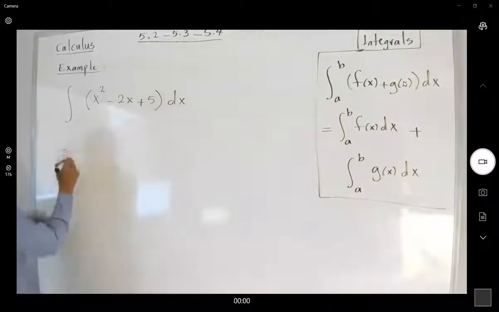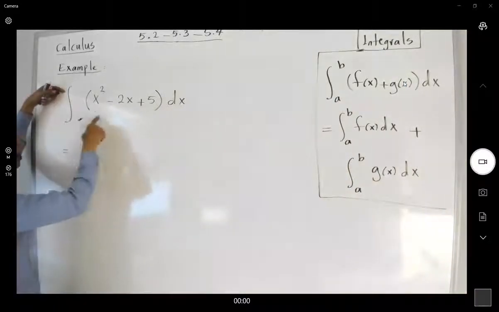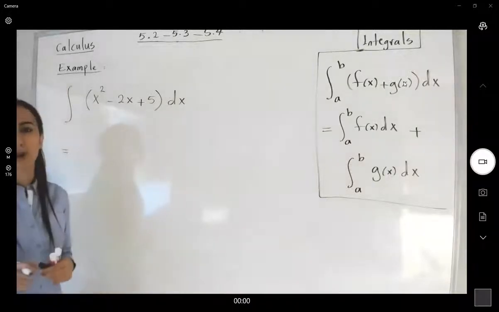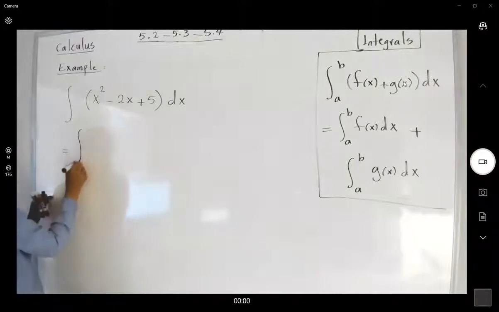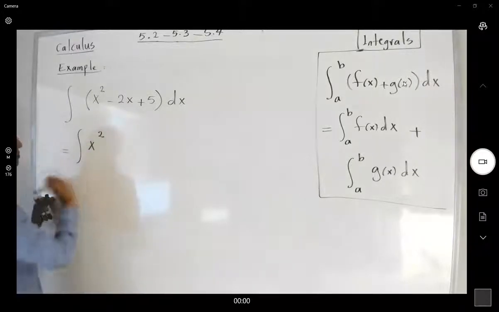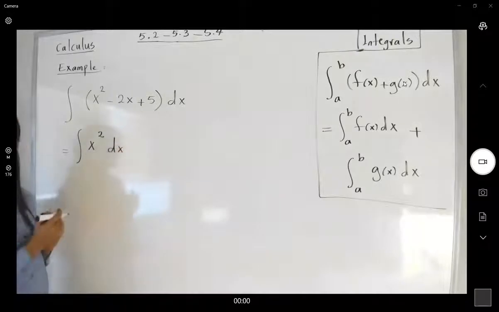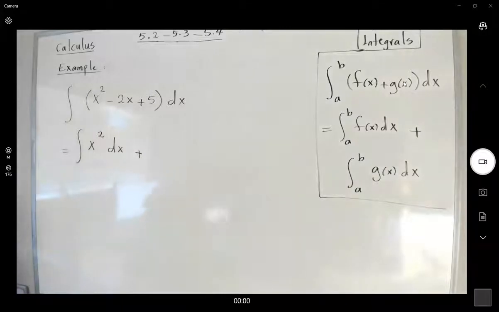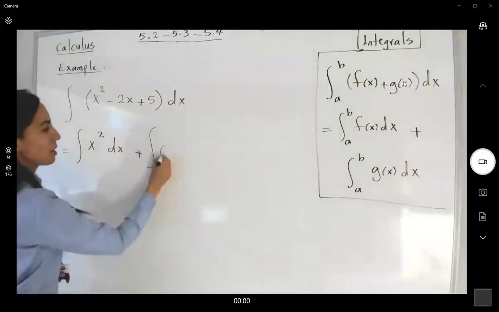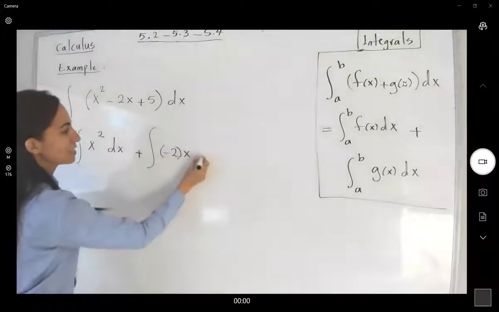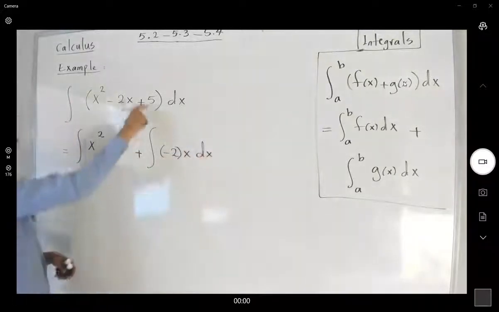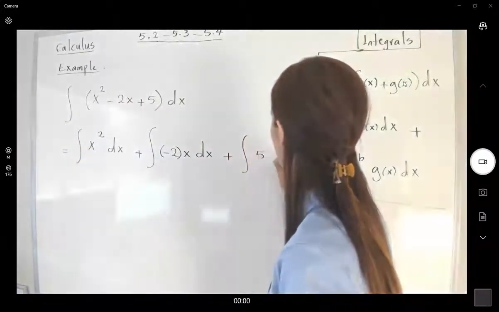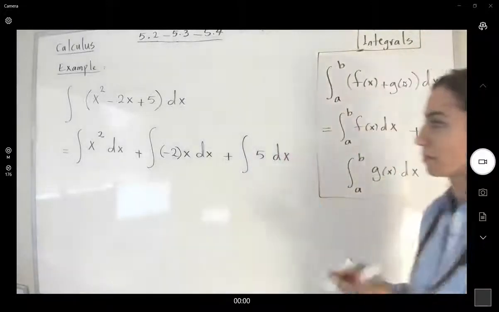So we are finding the antiderivative of this quadratic expression or the sum of these three terms. It is equal to the integral of the first term with respect to variable x plus the integral of minus 2x dx, and finally we're finding the integral of 5 dx.